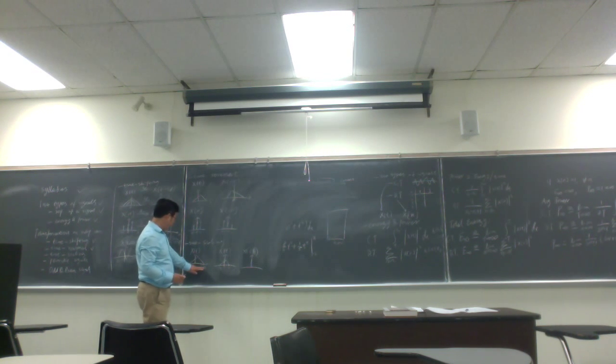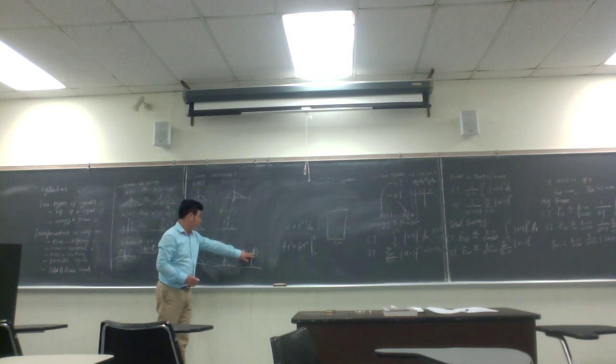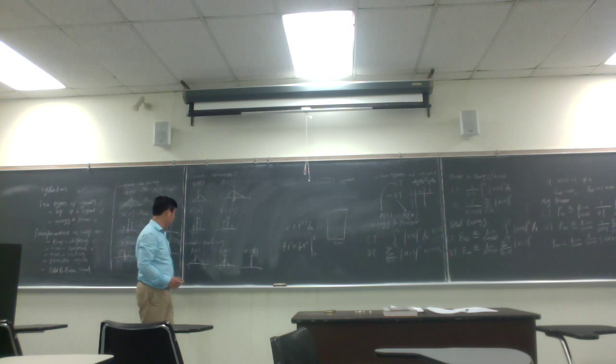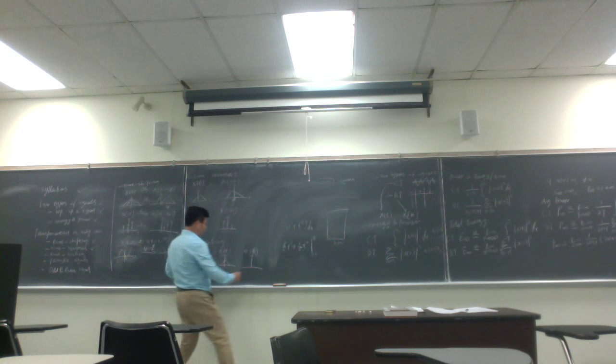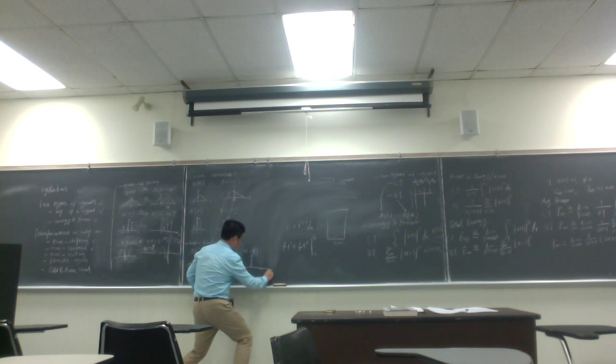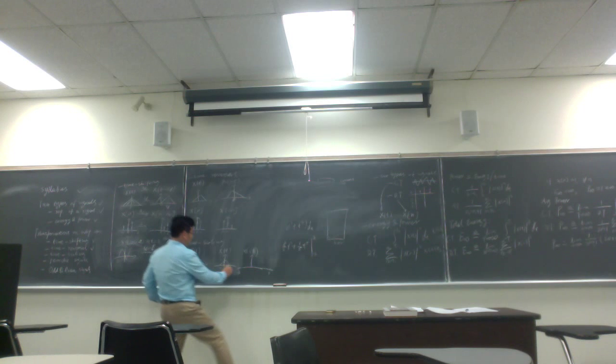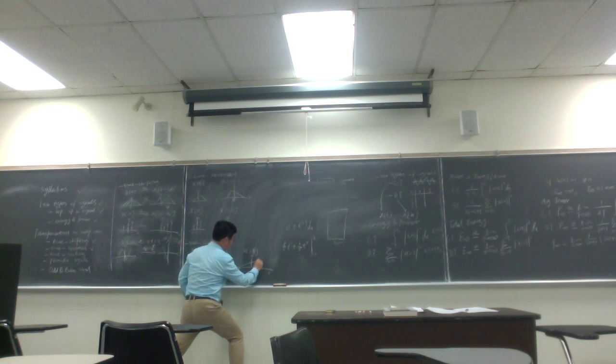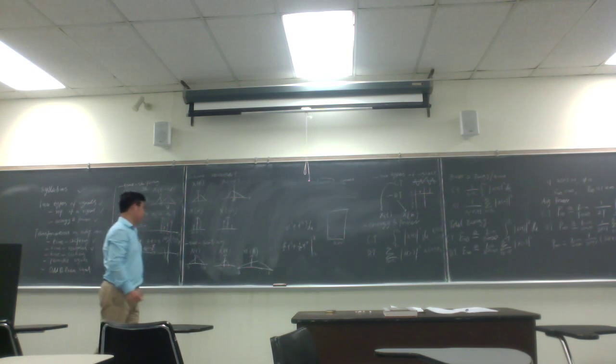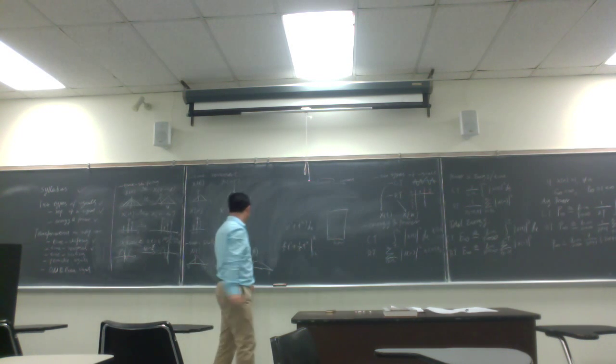And to reach this point, we need t equals 4, right? So we have t equals 4, and similarly we have -4 here. Then we have a triangle like this. So it stretches the signal by a factor of 2.